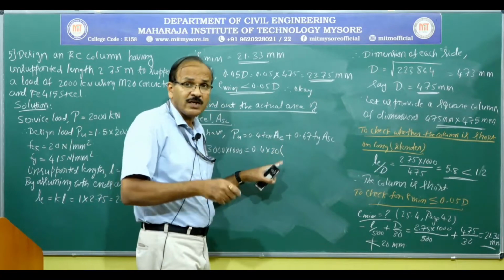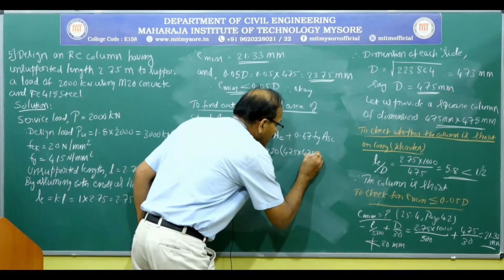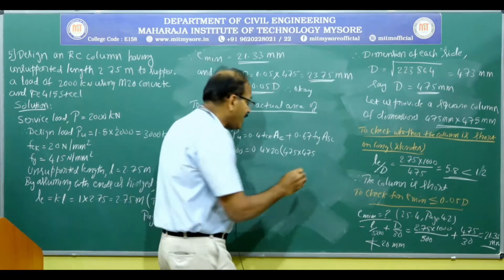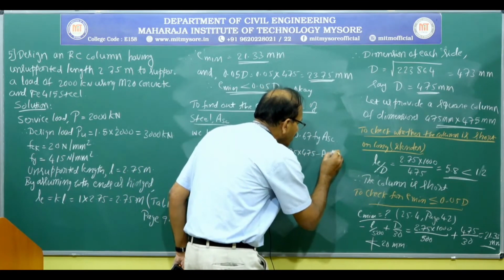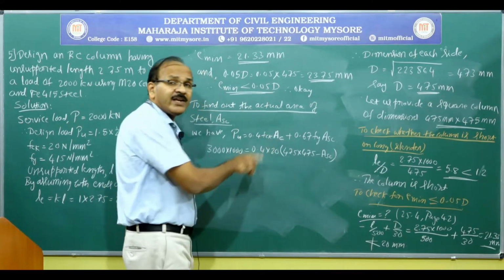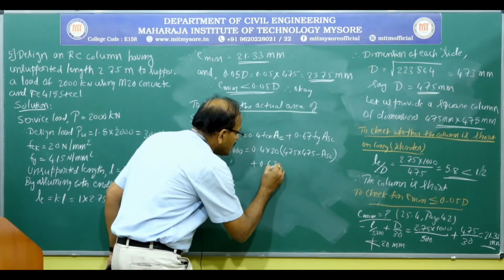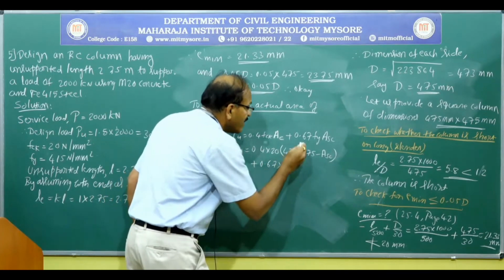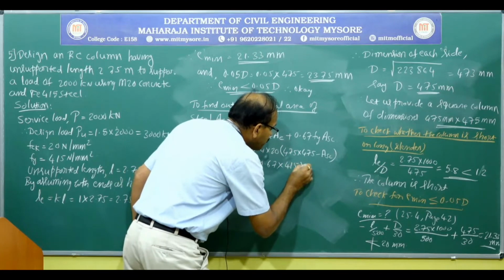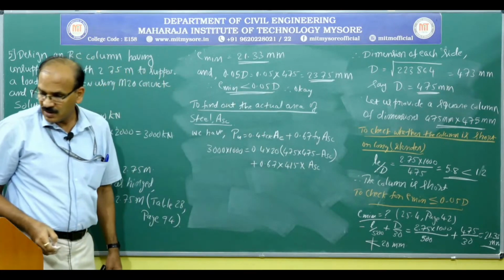That is the gross sectional area, that is 475 by 475, minus area of the compression steel, will give you the area of concrete in the column, plus 0.67 into fy, which is 415, and Asc is the area of compression steel.